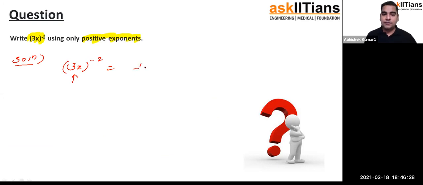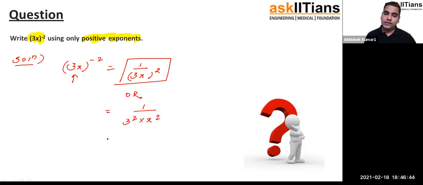So if I take the reciprocal of it, I will be getting 1 upon 3x raised to the power 2. Understood? Either you can leave it as it is, or if you want to simplify it more, you can. That is going to give you 1 upon 3 square into x square. We know what 3 square is. That will be 1 upon 9x square.